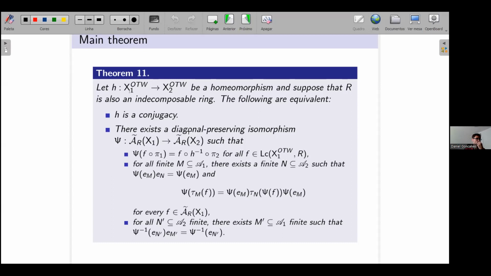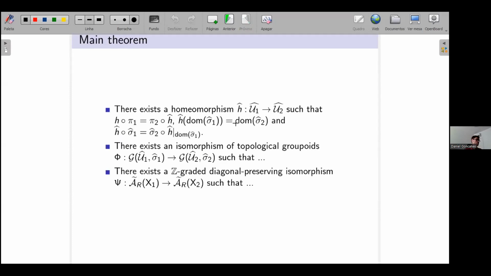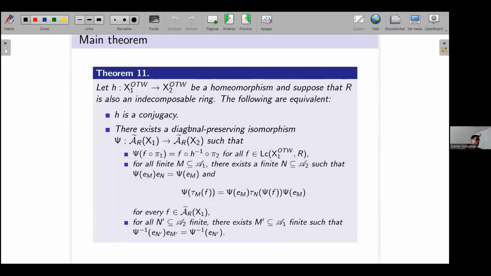And in that case, maybe a similar list of equivalent conditions without the pi's would be obtained. Right, before the projection, because the projections are there for the conjugacy in the OTW spaces, which are smaller.